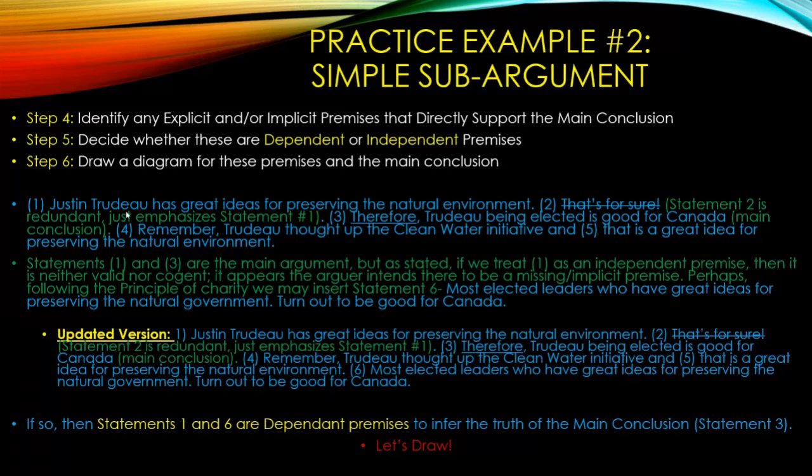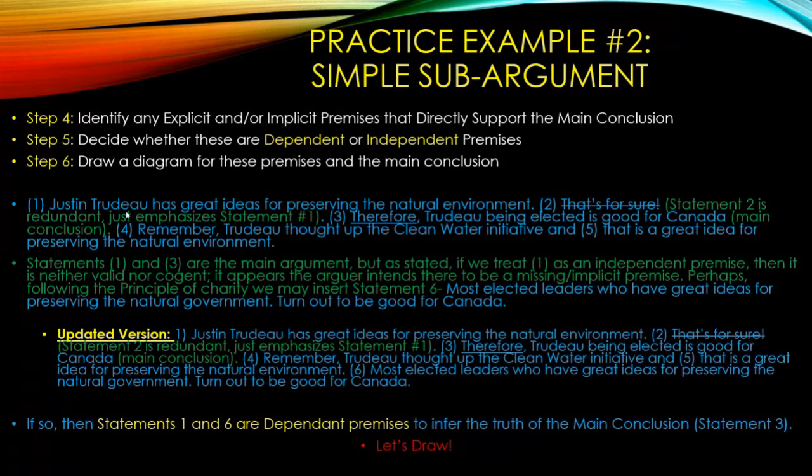But now we need to look for, is there potentially any implicit premises in the main argument? And I would say yes, because obviously, as explicitly stated, this is a deductively weak and invalid argument, right? I mean, just because Justin Trudeau has great ideas for preserving the natural environment, so what? How does that mean it would be good if he was elected for Canada?